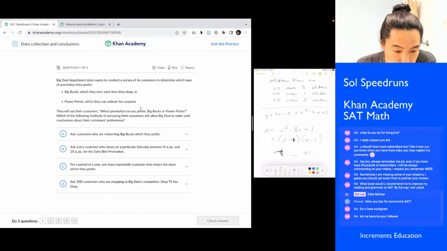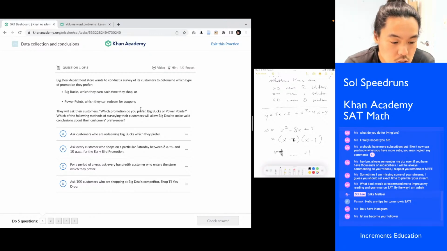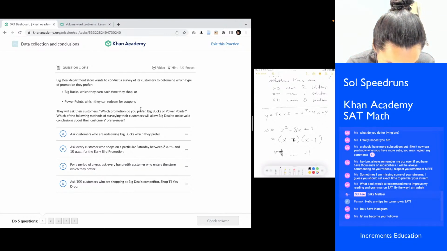Big Deal Department Store wants to conduct a survey of its customers to determine the type of promotion they prefer. Valid conclusions.